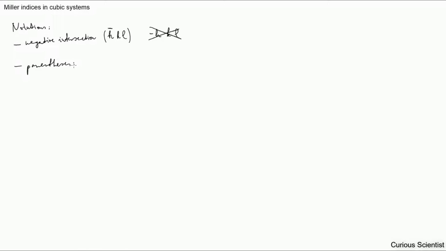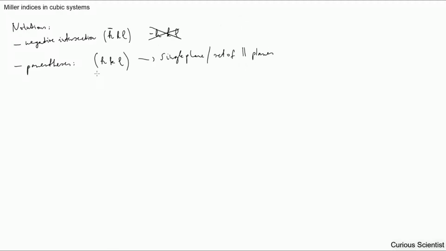And then we should fix the parentheses, how they work. So there are 4 different notations. If you have HKL in these round parentheses, that means that it's a single plane or set of parallel planes.